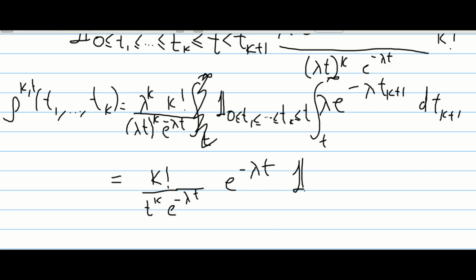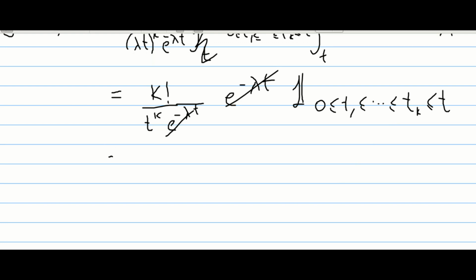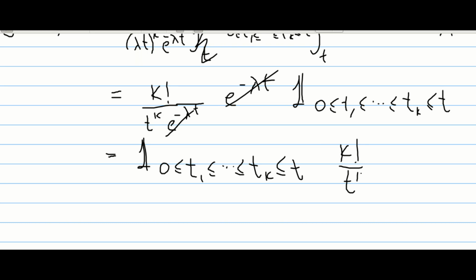And we still have the indicator function of the order: t_1 should be smaller than t_2, all of them should be between 0 and t. Another nice cancellation, and you get a beautiful formula. Things should be ordered as we expect, and between 0 and t as we expect, and the density does not depend on any of the variables.